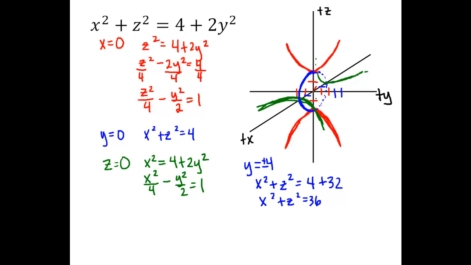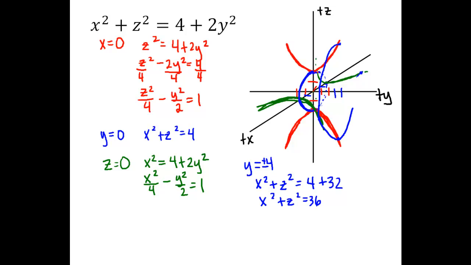If I go 6 in the positive x direction, and then 6 in the negative x direction, and then 6 in the positive z direction, and 6 in the negative z direction, those should intersect with those branches of the hyperbola that I already drew. Again, depending on how carefully I plotted those points, they may or may not line up perfectly.